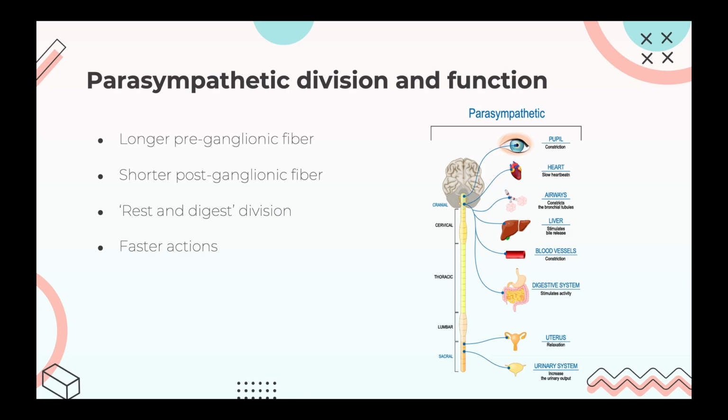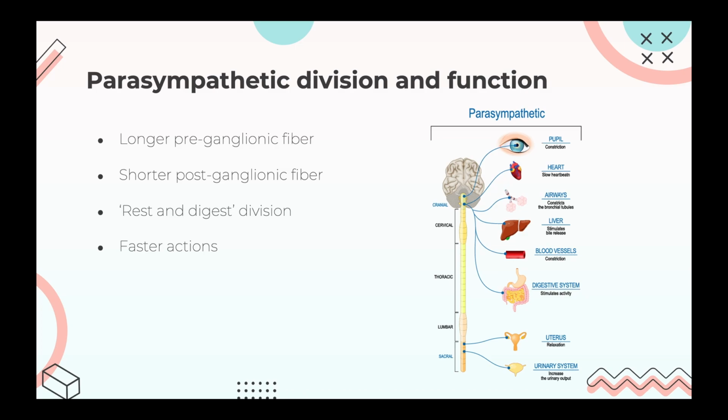And it can also constrict your blood vessels in the muscles itself, sorry. So it decreases blood flow to muscles, and it increases blood flow to the digestive tract and the urinary system, because the parasympathetic system is responsible for urination and for the digestive system activity.